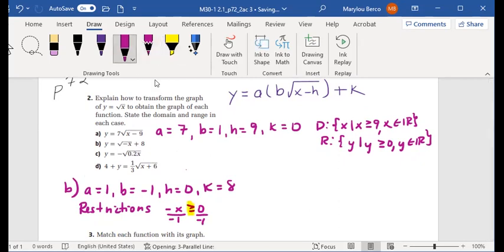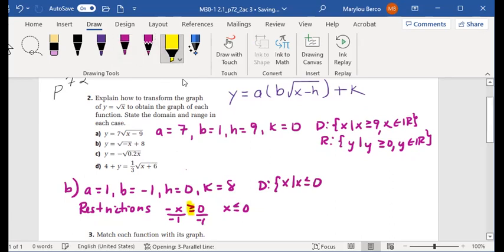So x is less than or equal to 0. So for our domain, it is x such that x is less than or equal to 0. I better do that, it switches. x is an element of all real numbers.